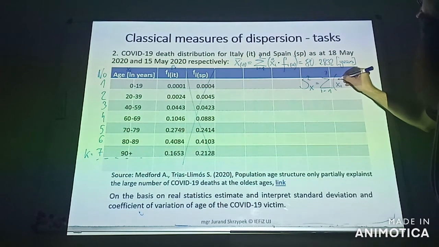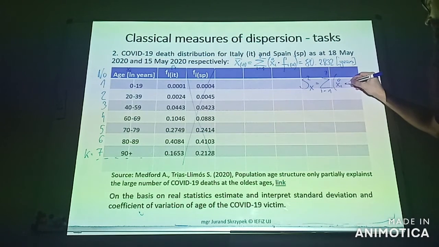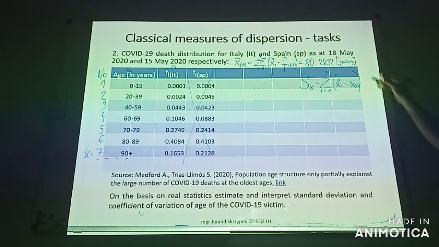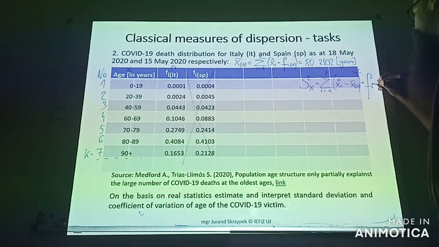Here we have the deviations. The deviations of the middle of the classes from the mean. Yeah? And these deviations are squared and multiplied by the relative frequencies, the weights.